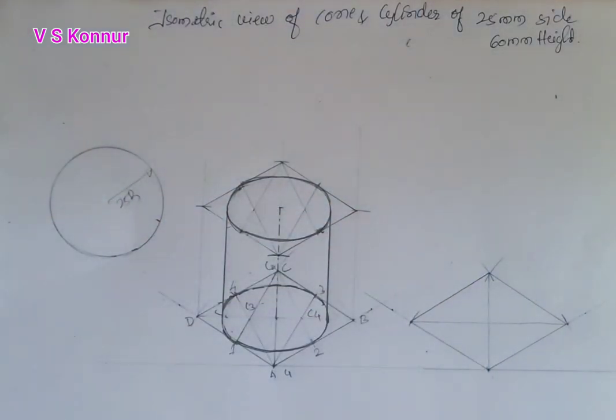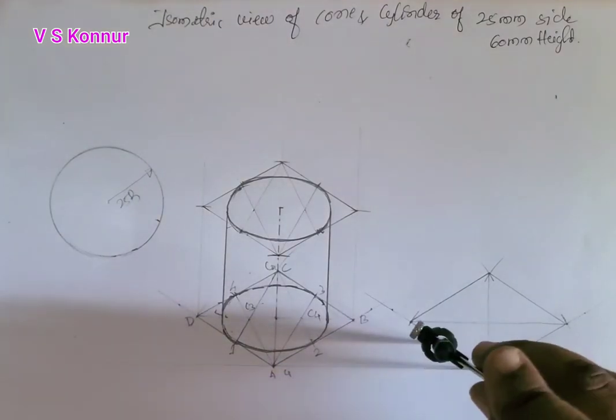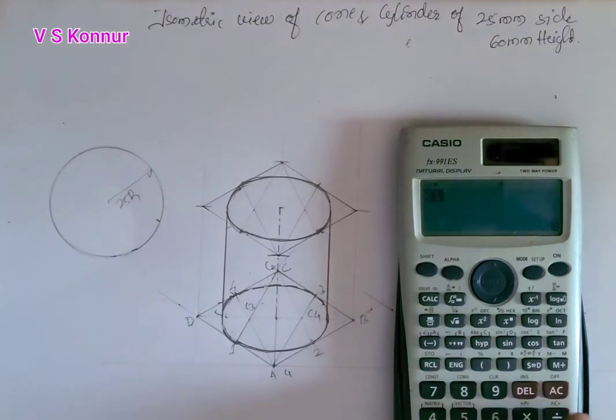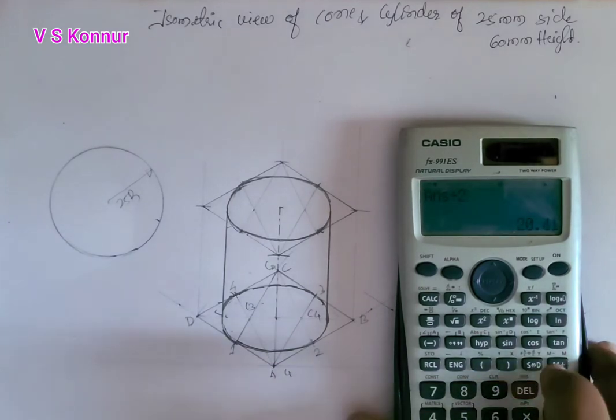Now take the center distance 25. So we'll convert it: 50 into 0.8164 divided by 2, so 20.41.